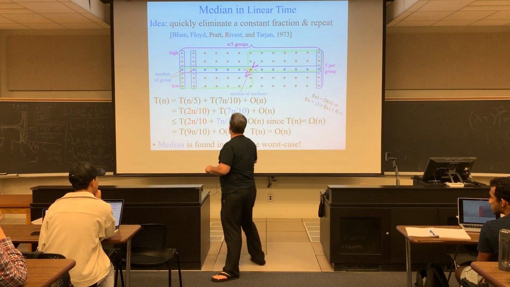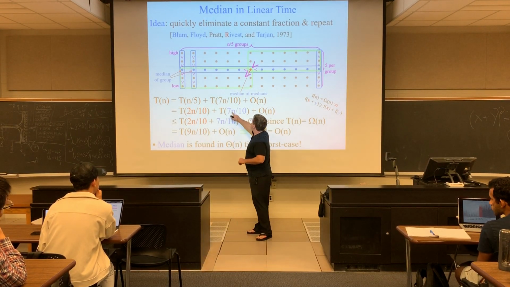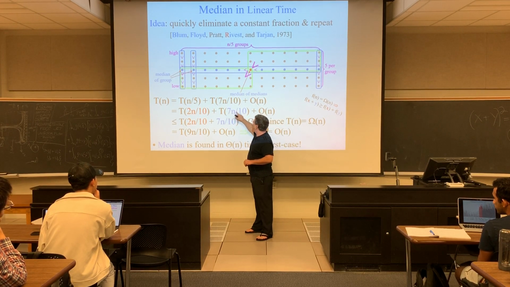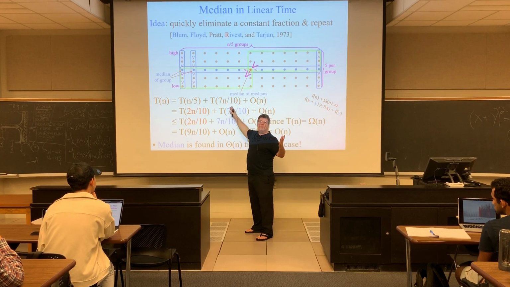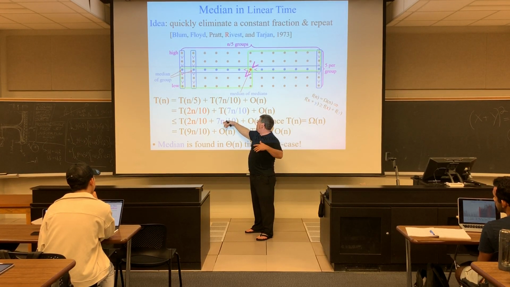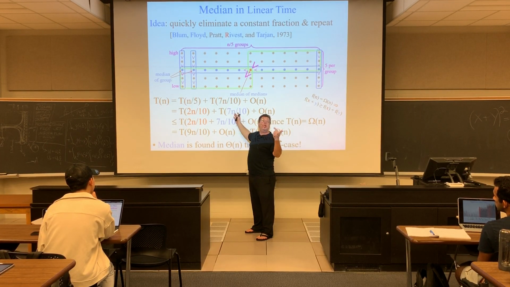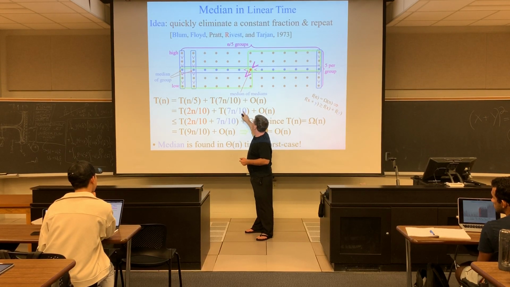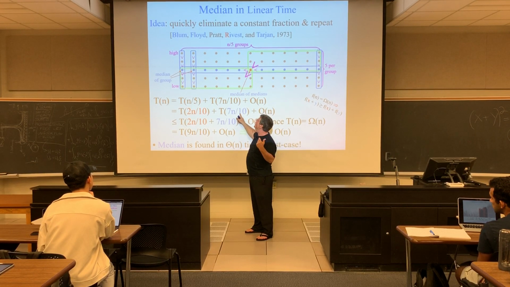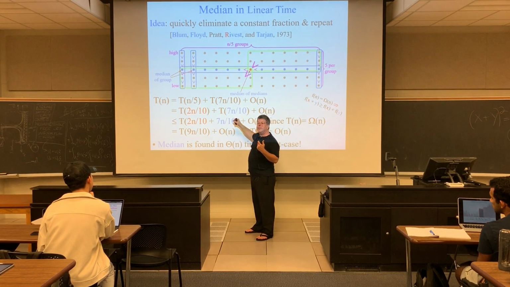So we're being pessimistic when we say it's T of 7/10 n. It's T of 7/10 n or less. But we're computing an upper bound. So we let it be as skewed as it can possibly be, because we're going to be pessimistic and allow the worst case behavior. We're going to say T of 7/10, because it can never be worse than 7/10, because 30% will be eliminated, either on the lower or the upper half.